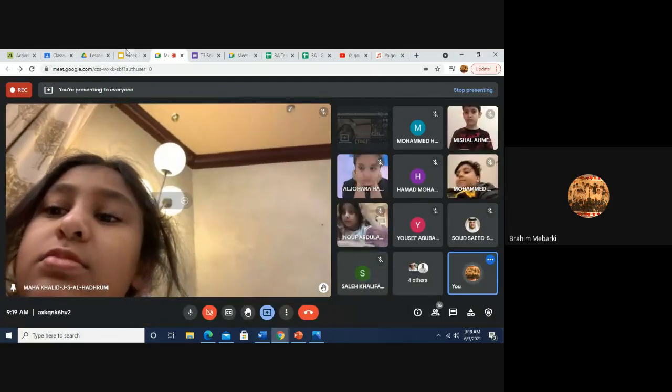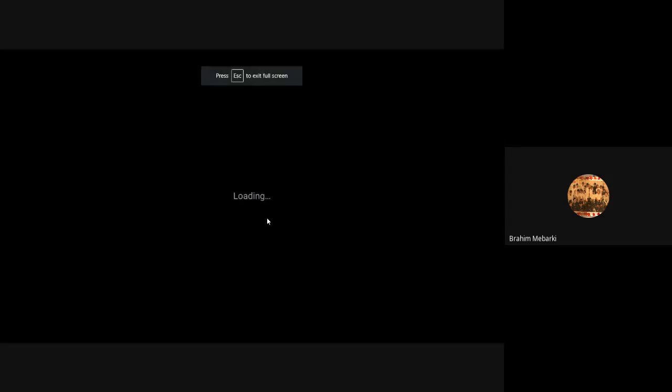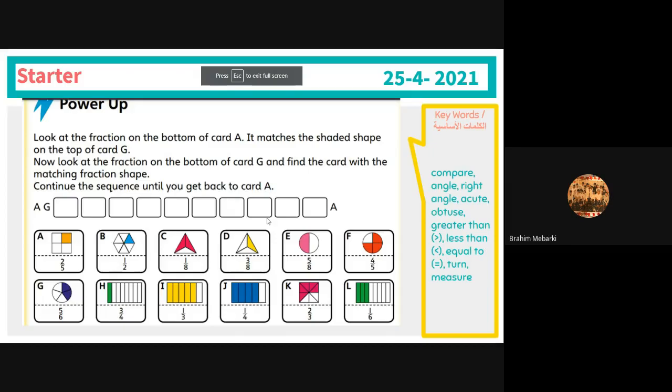I repeat the question here. Let's start with A. So card A, the fraction is 2/5. So the fraction 2/5 matches with which card on the bottom? G, H, I, J, K, or L? This is the question. It's very simple.